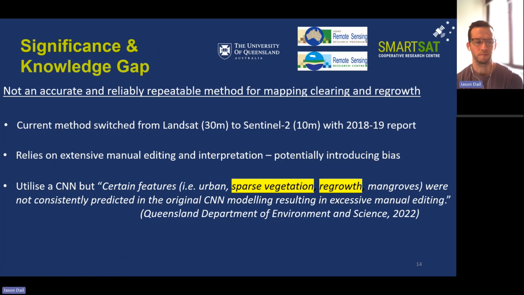It also uses some machine learning or deep learning, but there are some issues with certain areas, notably sparse vegetation and regrowth. I'm looking at clearing and regrowth, and woodlands are sparse. They're spread out by definition. So these are two areas that can be improved.